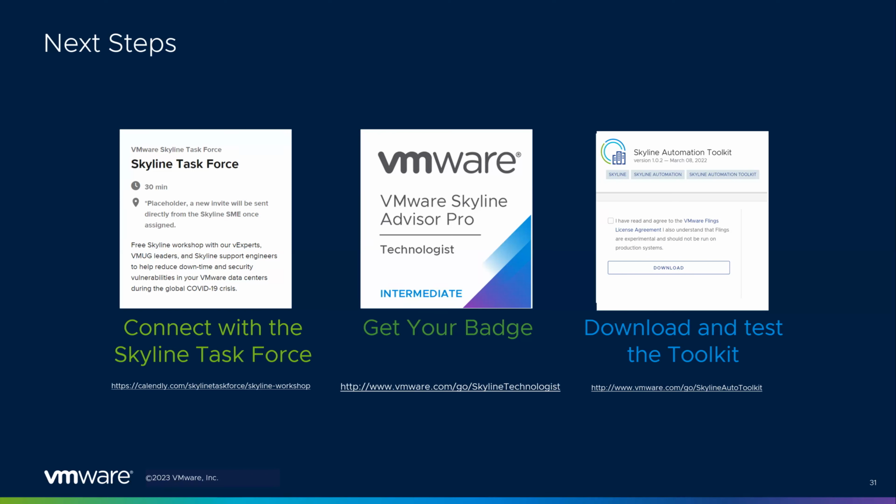Definitely get the badge, because you get to see certain features. Maybe you haven't enabled them, maybe you're questioning, you can see it within the technologist course, and then possibly go back to your environment and enable those pieces, right? The second piece, of course, is the whole goal of the toolkit: if you're shy about coding, you can leverage this right off the bat.